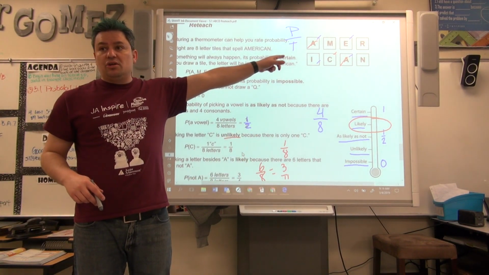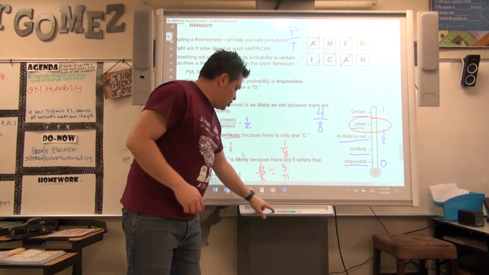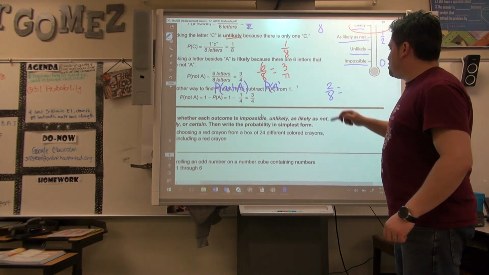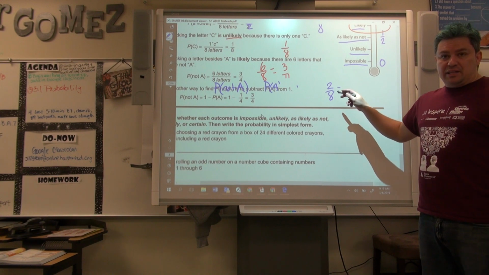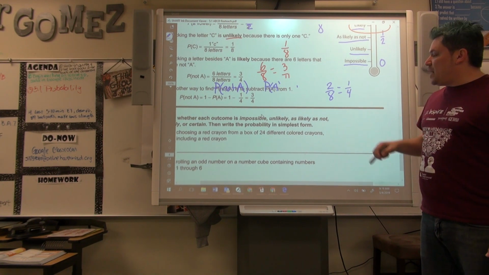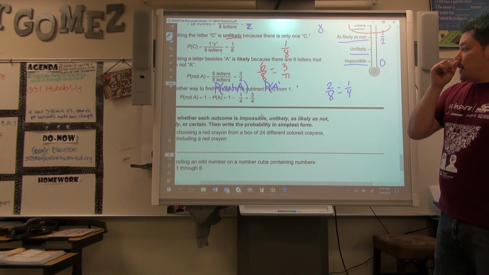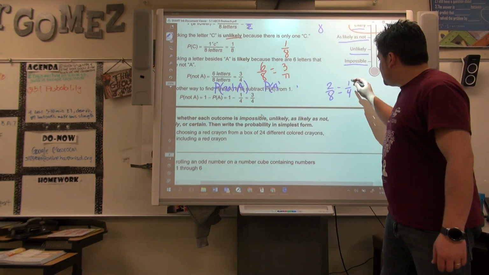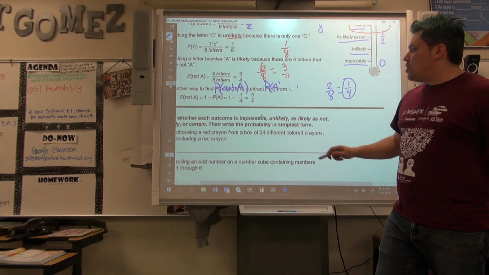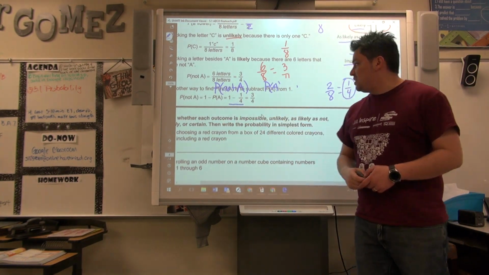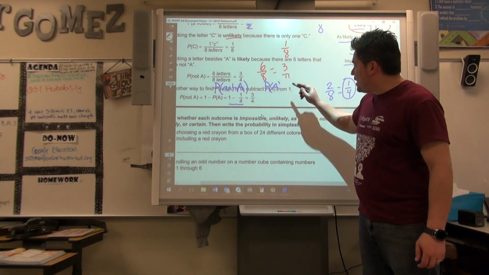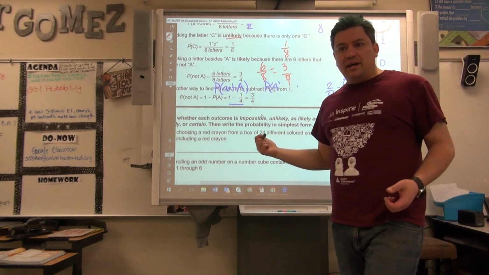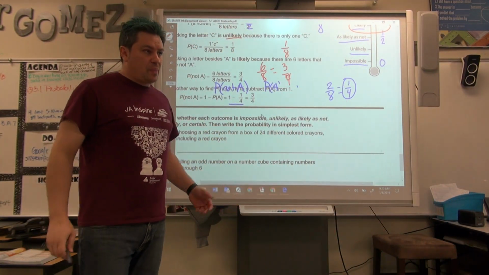How many A's in there? 2 out of 8. So it'll be 2 over 8, which is what? Can you divide this by 2? 1/4, right? When you simplify. So the probability of not getting A will be this taken away from 1. So 1 minus 1/4 gives you the same 3/4 that we had over here. I think it's kind of too much work, but it works like that too.